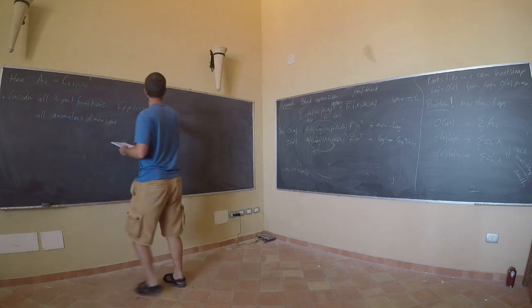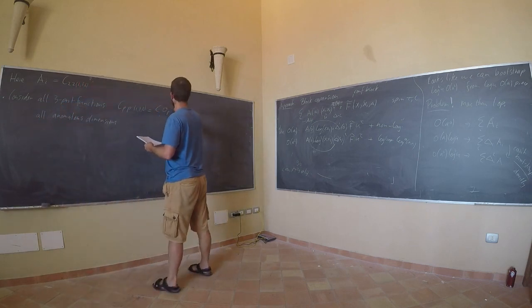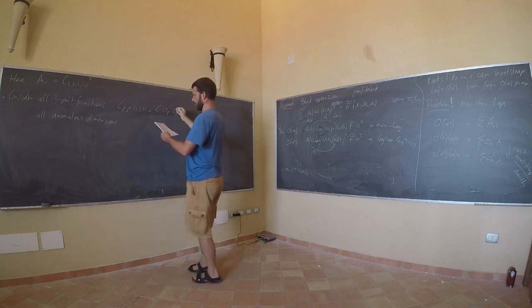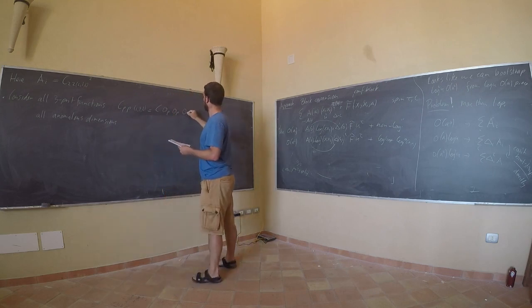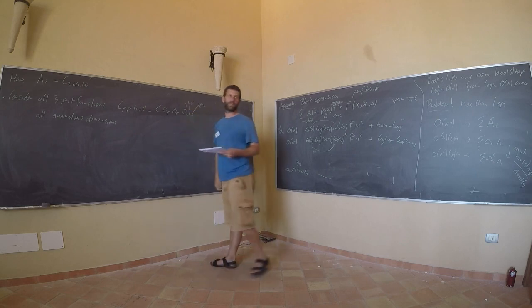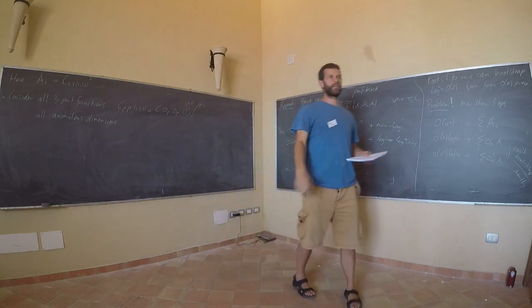So this is O_p, my R-symmetry representation, times O_{ITL}. This is twist, this is spin, and this is the extra non-quantum label.